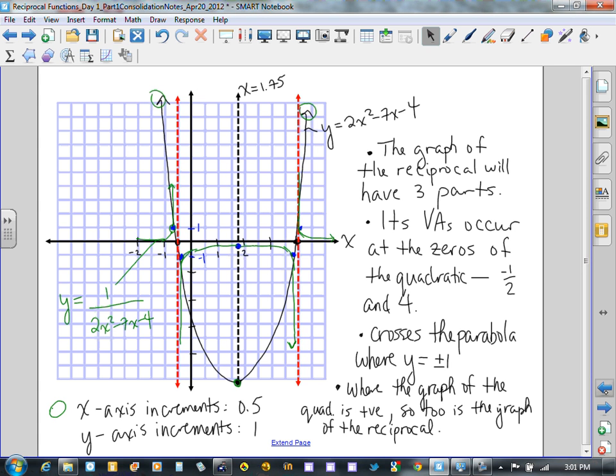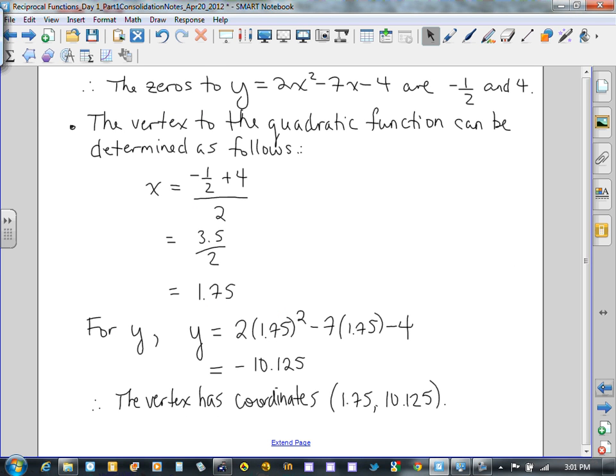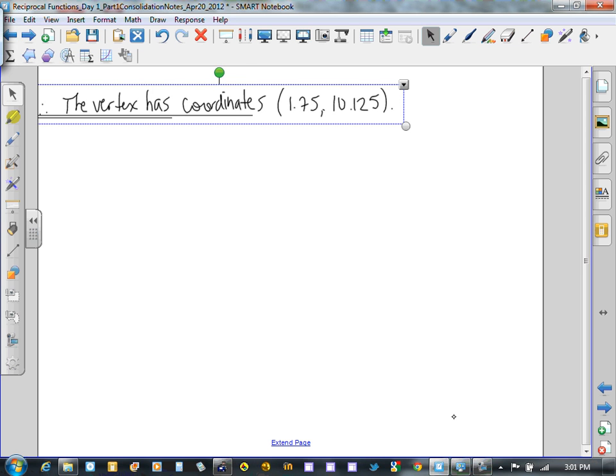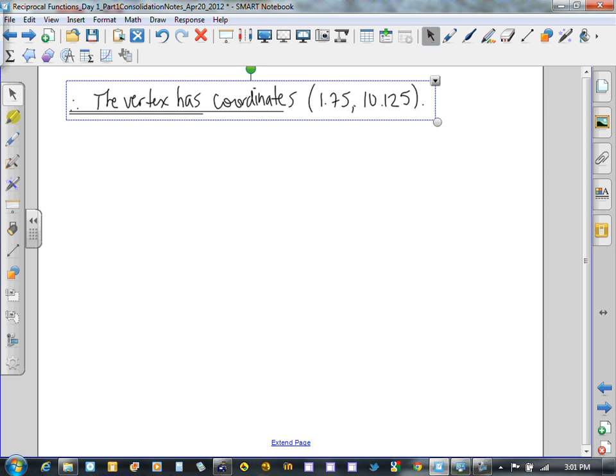Last but not least, we should make a note of the high point. Now if we go back and look at the work we have done for the vertex, I'm going to cut this statement out and we're going to use it again. According to this statement, the vertex has these coordinates.